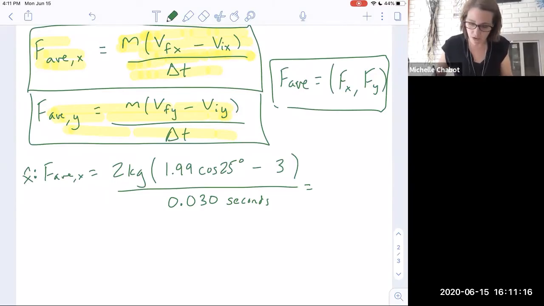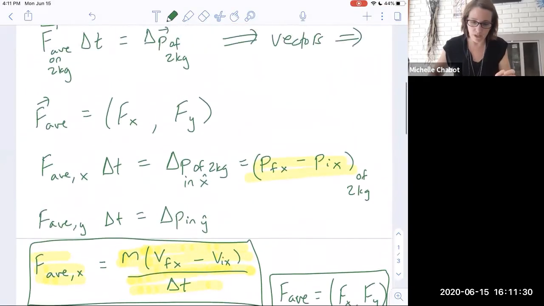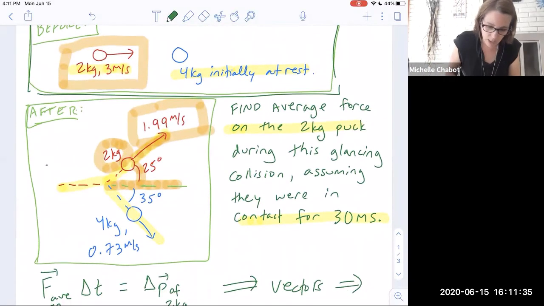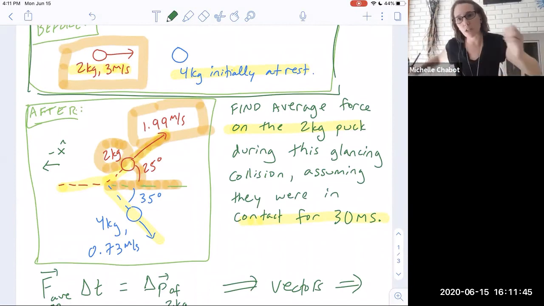It's going to be on the order of negative 79.8 newtons. So that's going to be my x component of the force that was experienced by the 2 kilogram puck during this collision. And it's negative because it's pointing in the negative x direction, meaning that it's slowed down a little bit in the x direction, which makes sense because it hit this other object that then started moving in x.